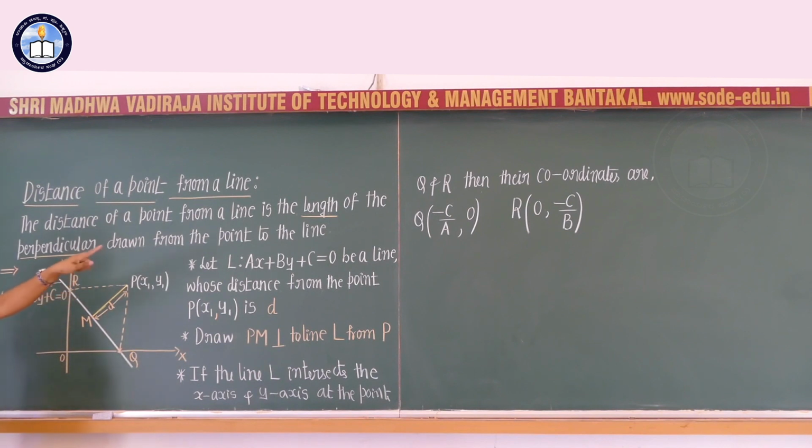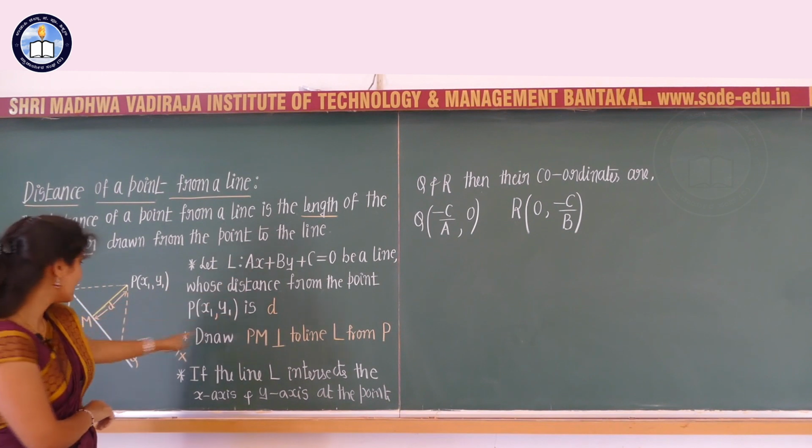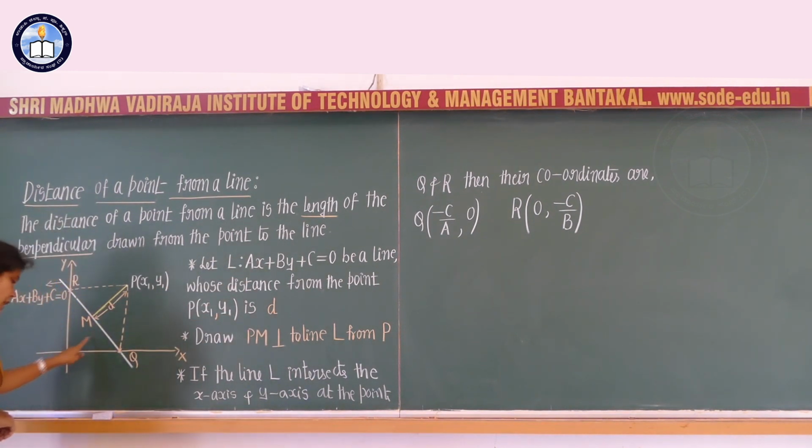We can find the coordinates of the points p and q by considering the given diagram. So, after considering the given diagram, here we are having one triangle, that is the triangle PQR. So, we can find the area of the triangle.